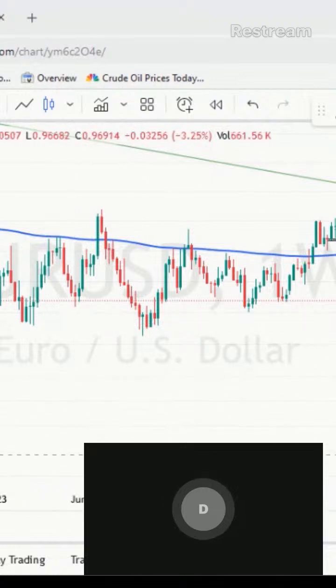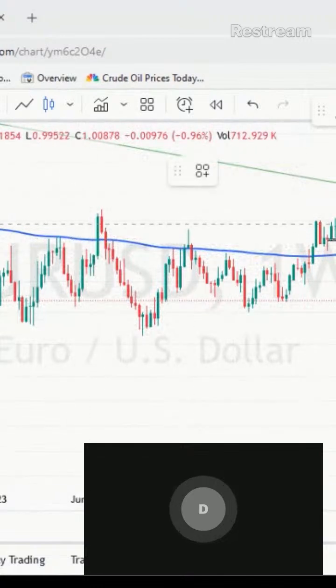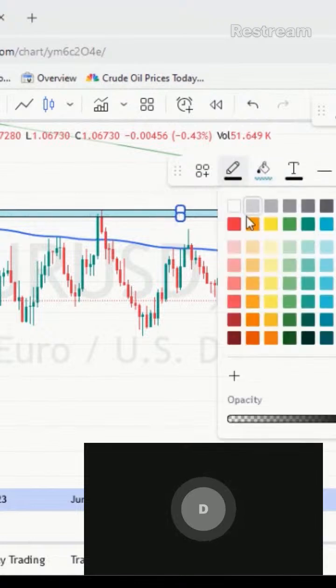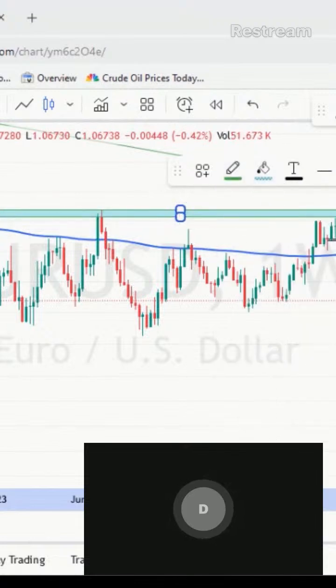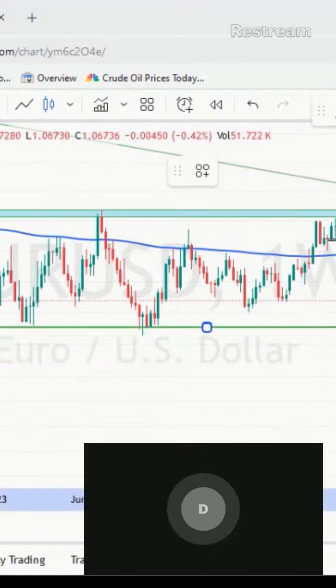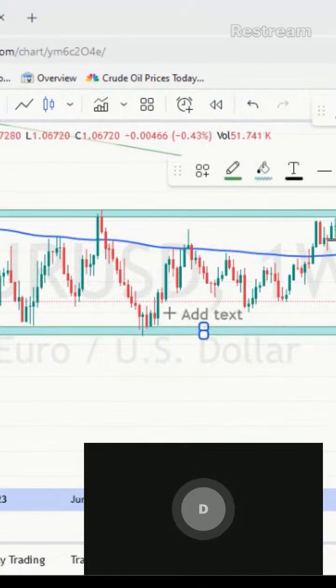If you look at this structure as well, you can see that we have our high here, and we have our low here, the recent high and the recent low. They are both here at 1.04 and 1.12.